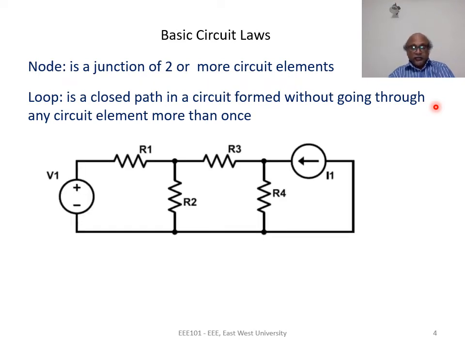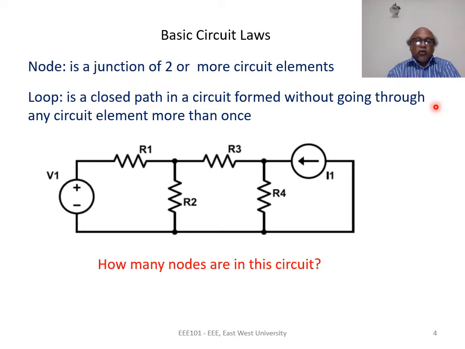Okay, let's look at a circuit and try to understand what a node or what a loop is. We have this circuit, and first we want to identify how many nodes are there in this circuit. Some nodes are obvious. For example, if we look here, the voltage source V1 and resistance R1 are connected. So this is a junction of two circuit elements.